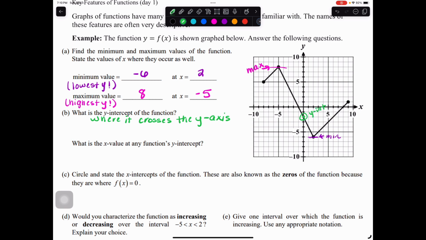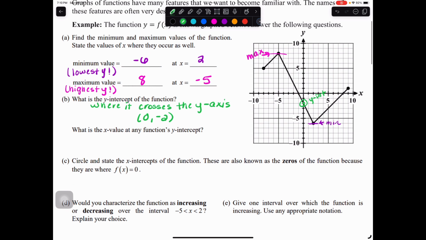Your y-intercept is located at 0, -2. It also says, what is the x value at any function's y-intercept? Well, if you're a y-intercept, you're definitely going to be on the y-axis. And no matter where you are on the y-axis, your x value is always going to be 0.